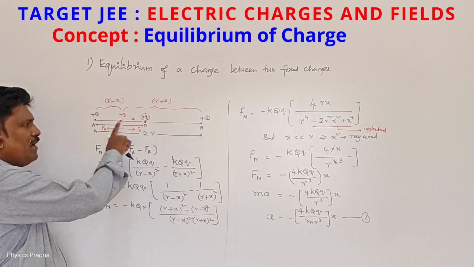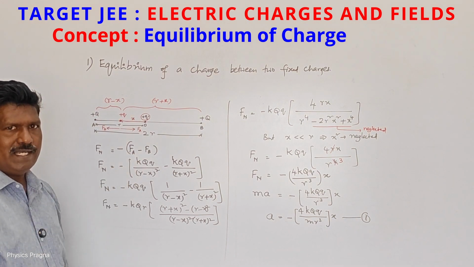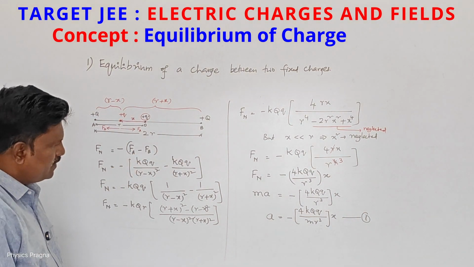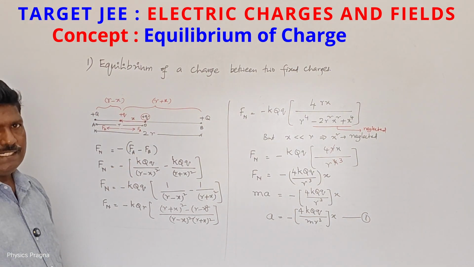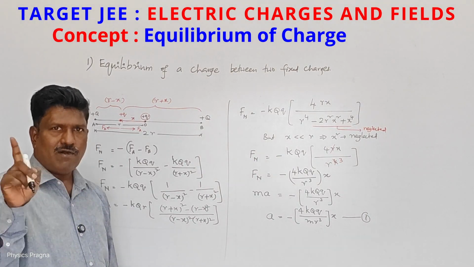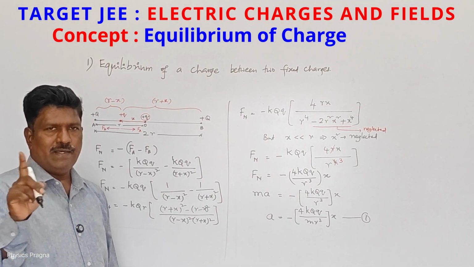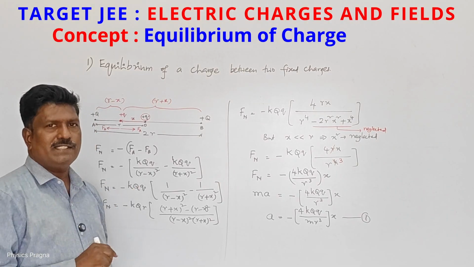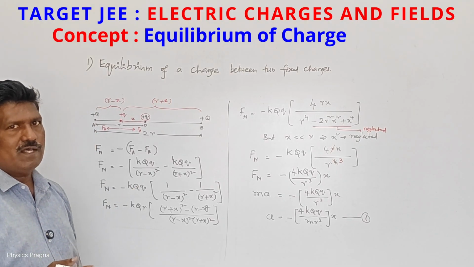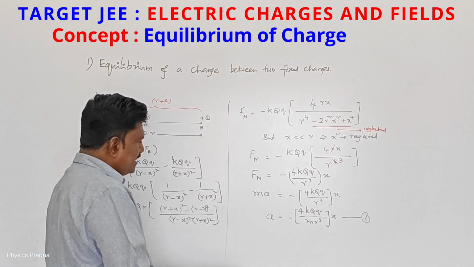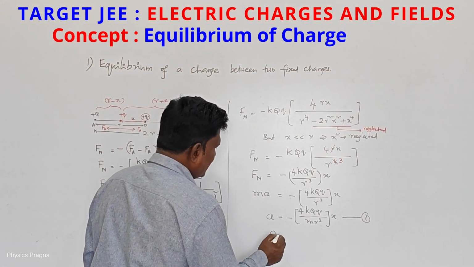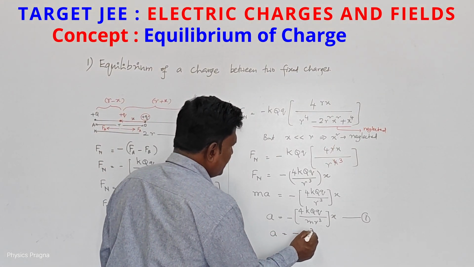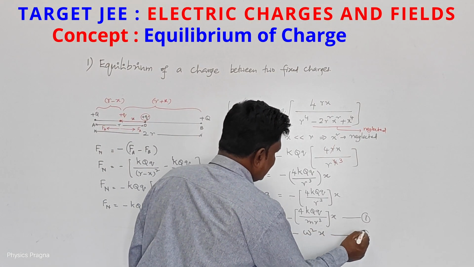The acceleration of a particle oscillating about its stable equilibrium came like this. It is executing SHM, so this charge can be taken as an SHO, simple harmonic oscillator. The acceleration of a simple harmonic oscillator is equal to minus omega square x.